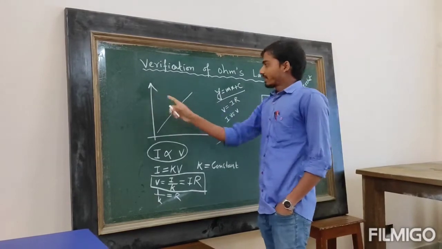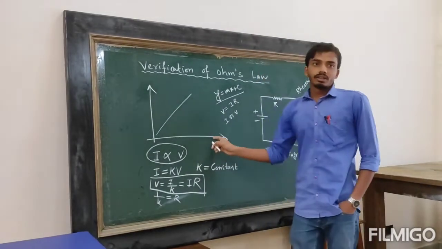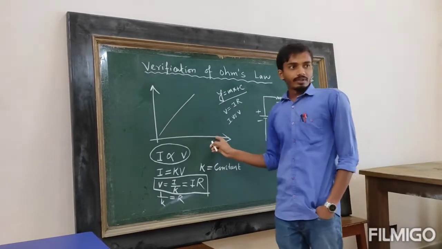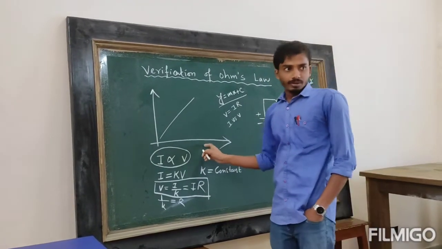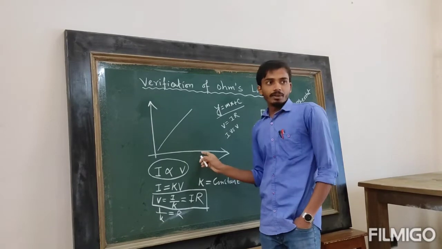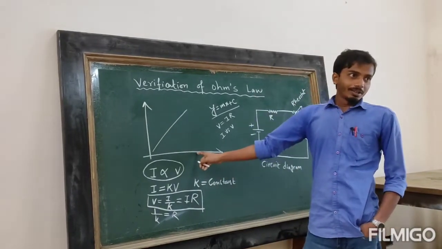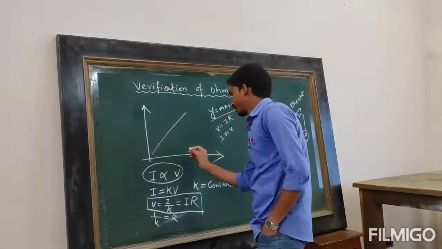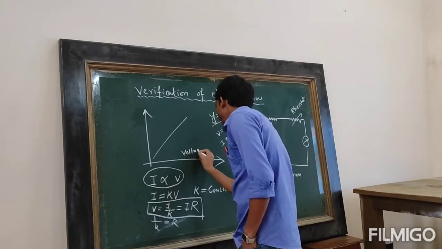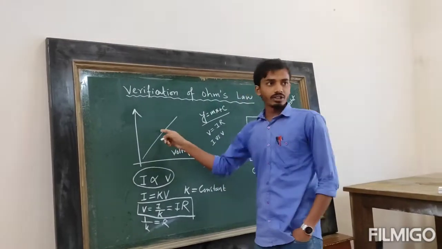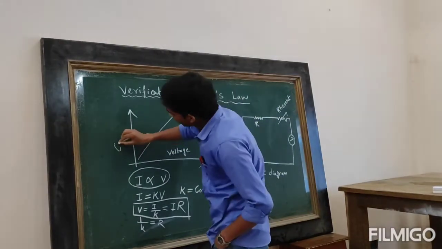So what should be on the x-axis and y-axis? The x-axis should be your independent variable. Here the independent variable is voltage, of course. So on the x-axis it will be voltage, and on the y-axis it will be current.